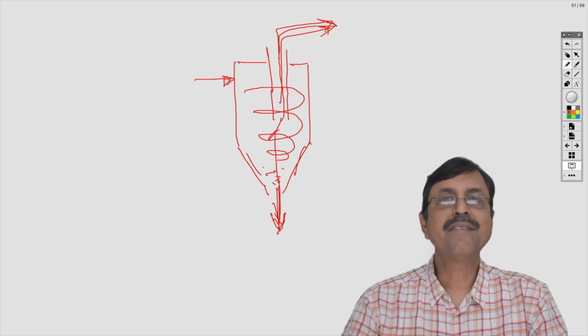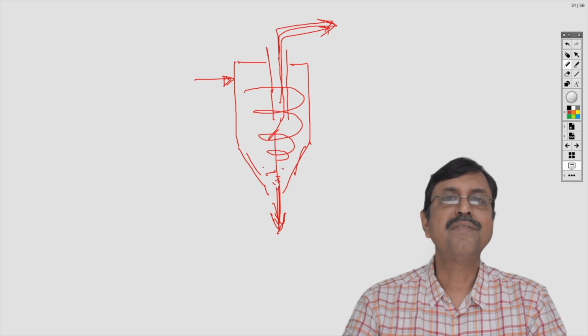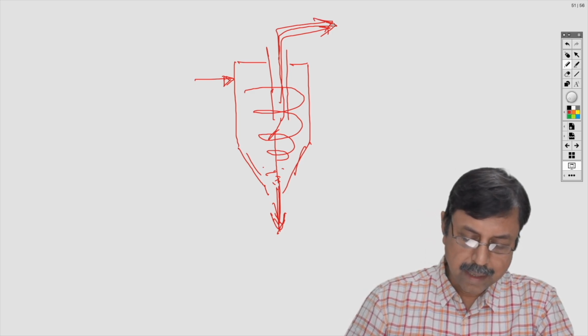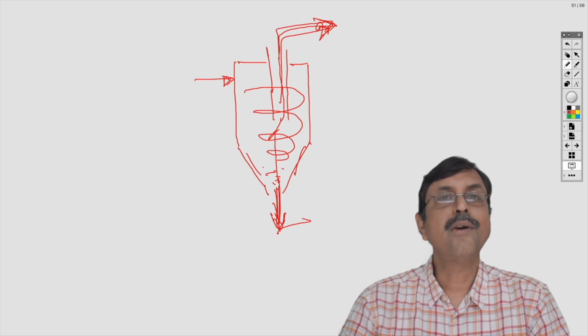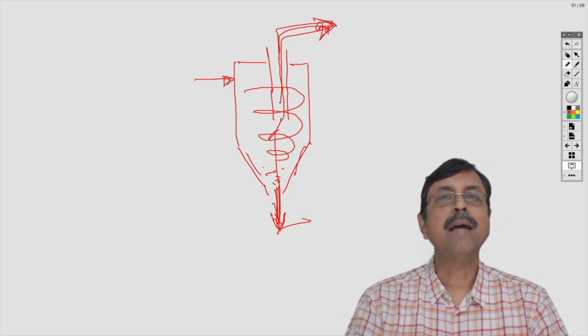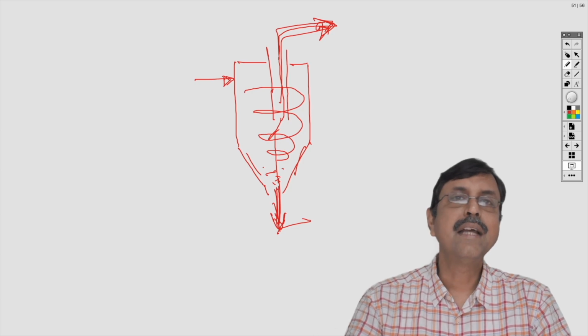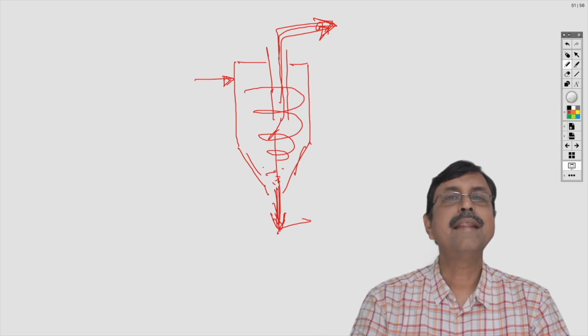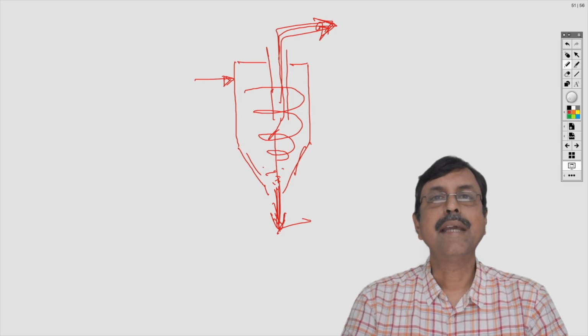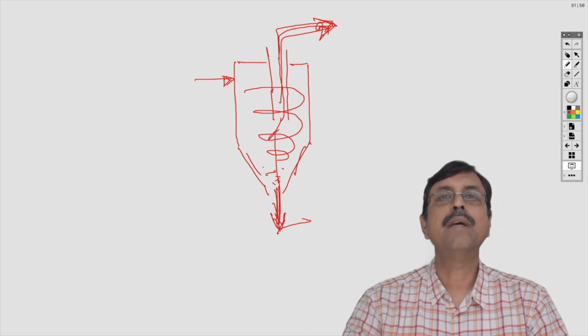But that generally doesn't happen. There will be a mixture of both of them. This will be majorly vapor and this side it will be majorly solid. But there will be some portion of solid at the top because of the finer particles, and there will be some portion of gas that will come through the bottom.